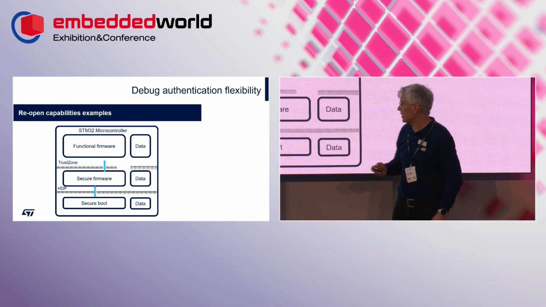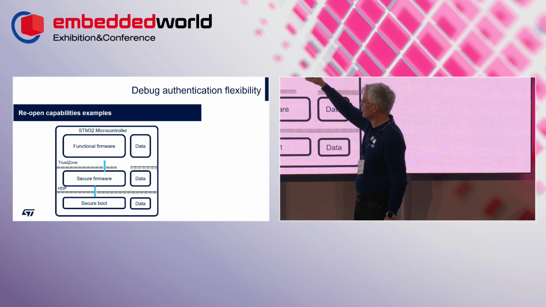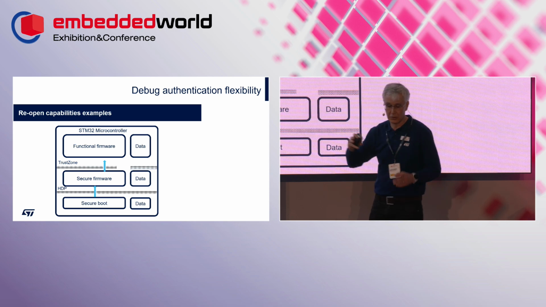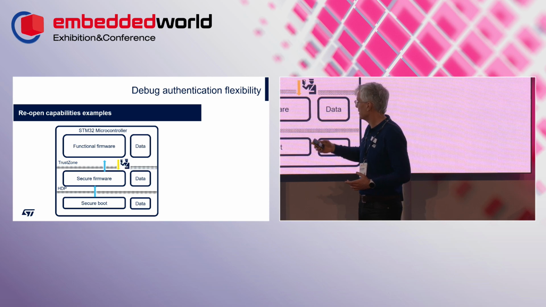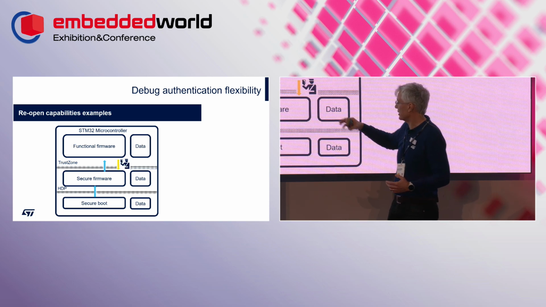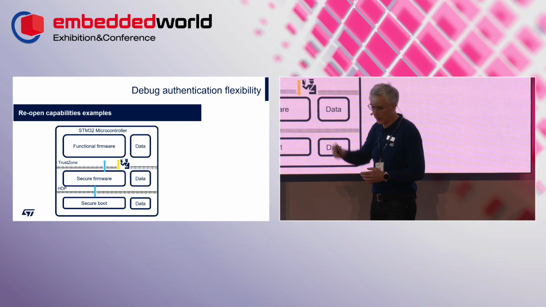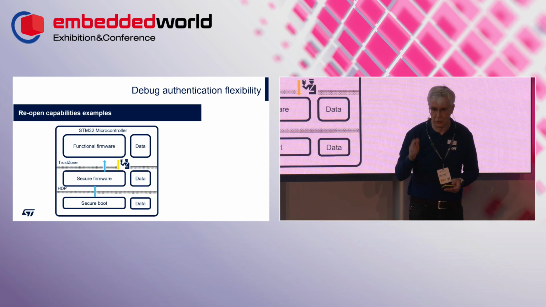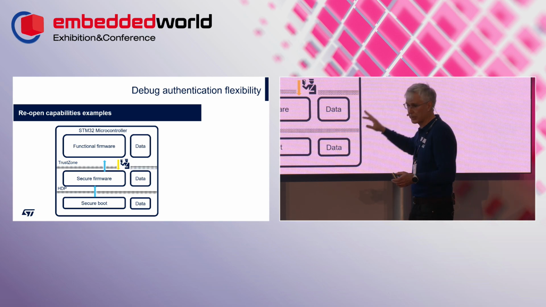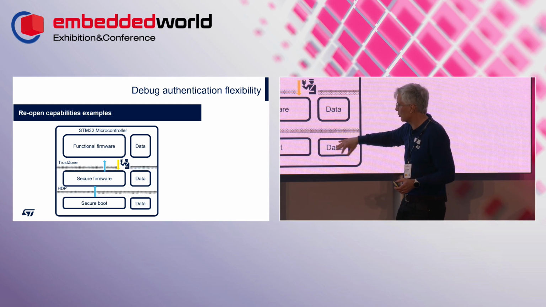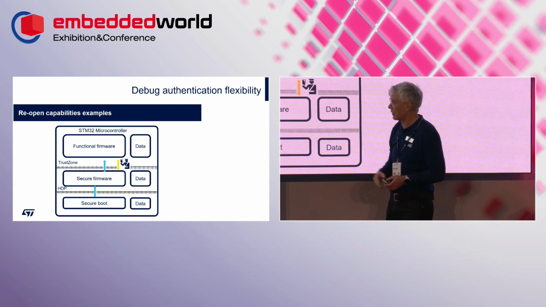And usually, when you need to use cryptography to sign a message, for example, you need to call a service inside the secure firmware, and this is restricted to a specific gate. So this is a typical application you have: secure boot, secure firmware, and functional firmware.